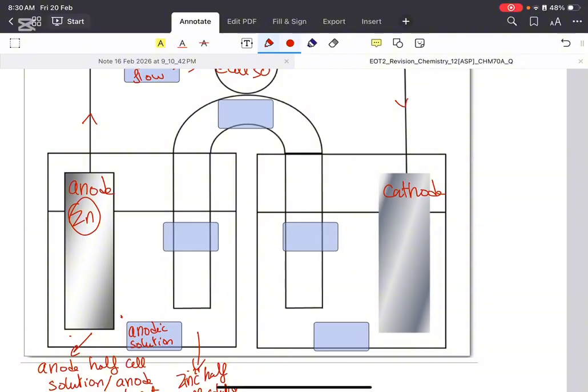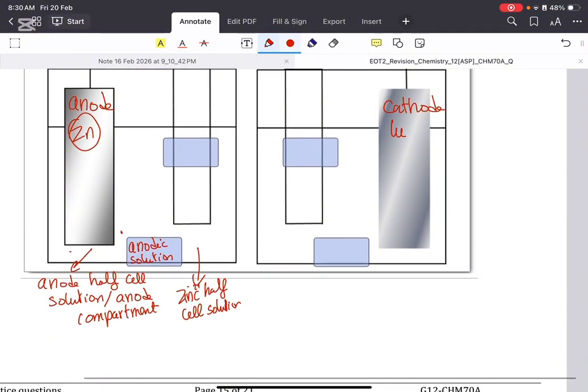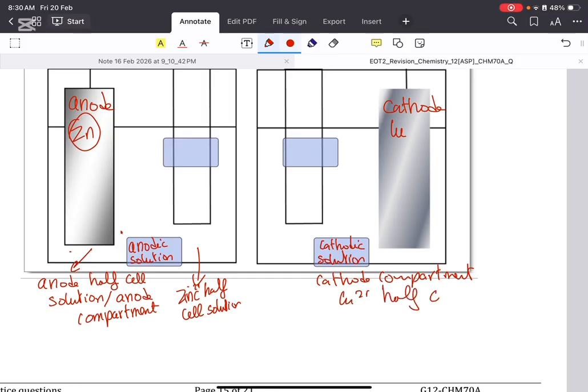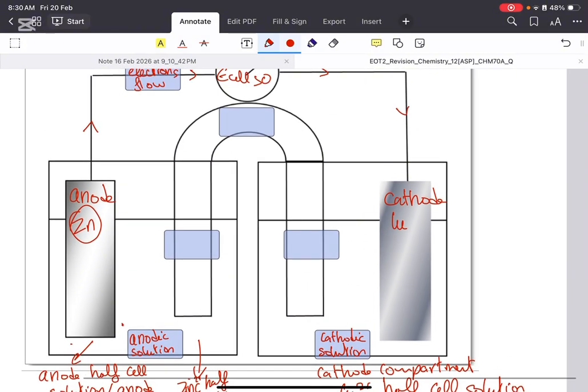Now, let's move to the cathode. Let's say the cathode over here is copper, for example. So this one is going to be the cathodic solution, or what you call the cathode compartment, or you can say copper half cell solution. So you can use any of those words.